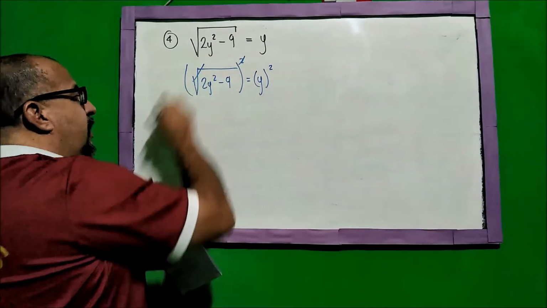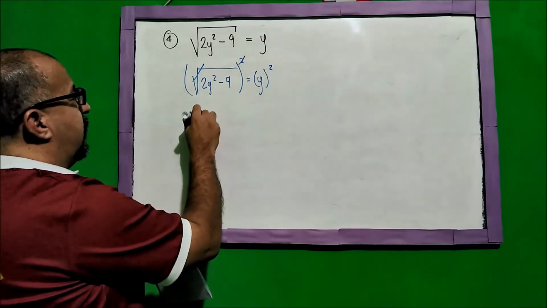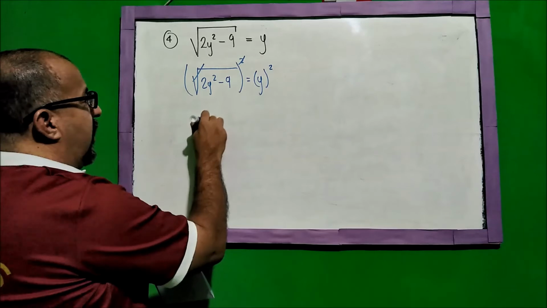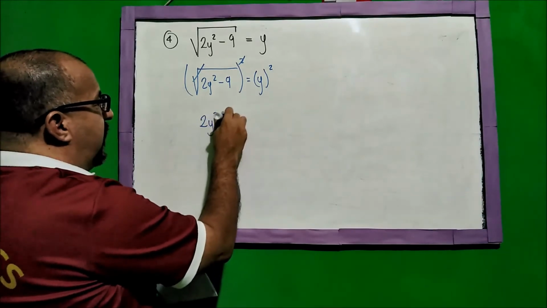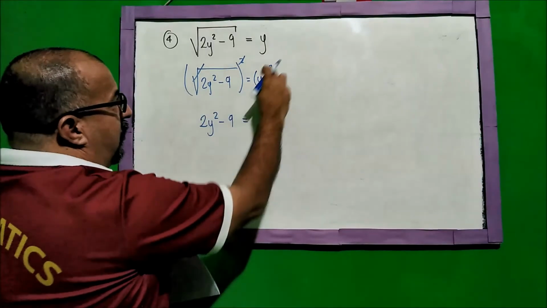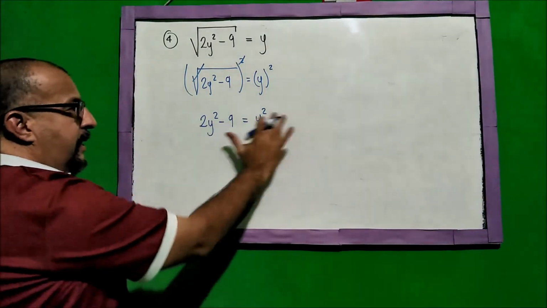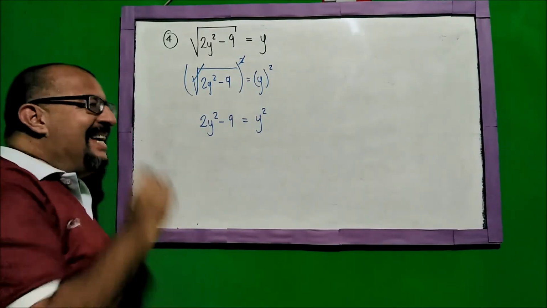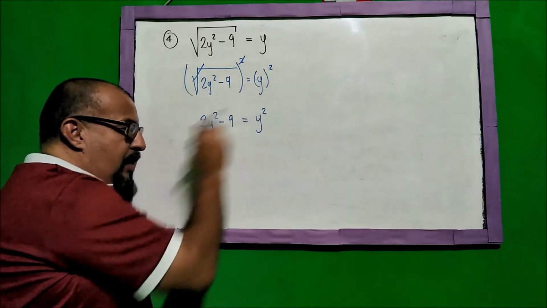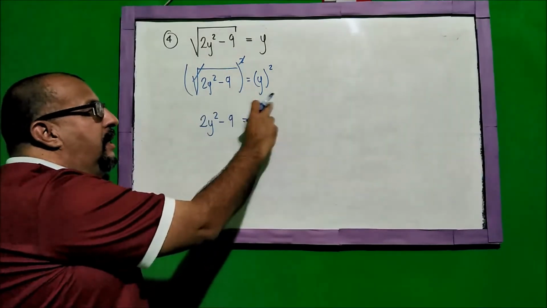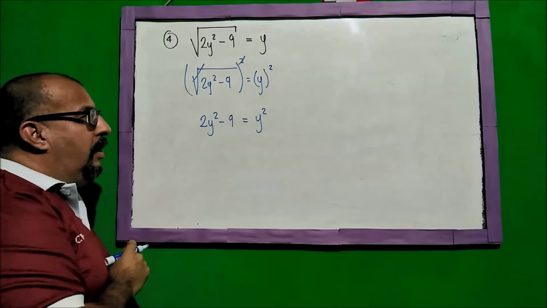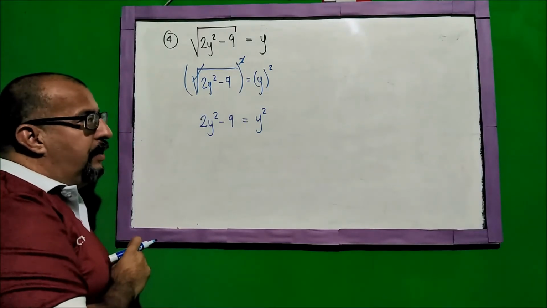I cancel my root in here due to the properties of radicals and powers, and what I have in here is 2y squared minus 9 equal to this expression squared. So as you can see in here, what we are dealing with is a quadratic equation, an equation that has power 2 as a higher exponent.